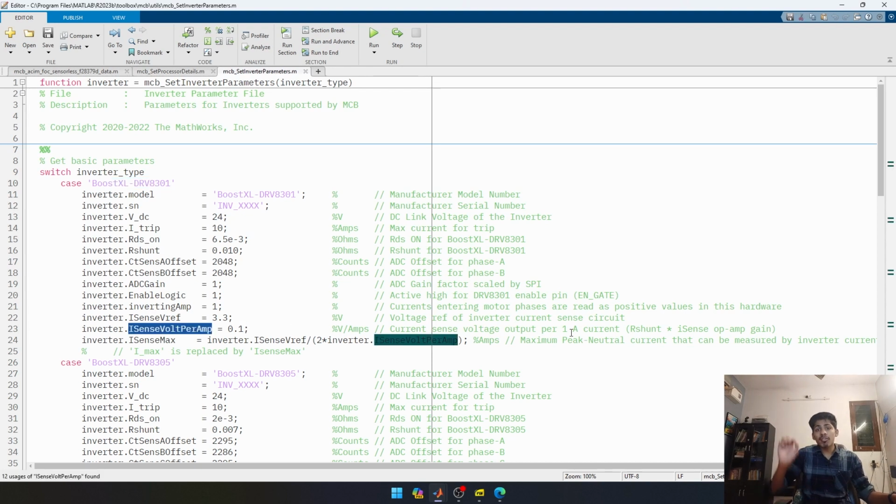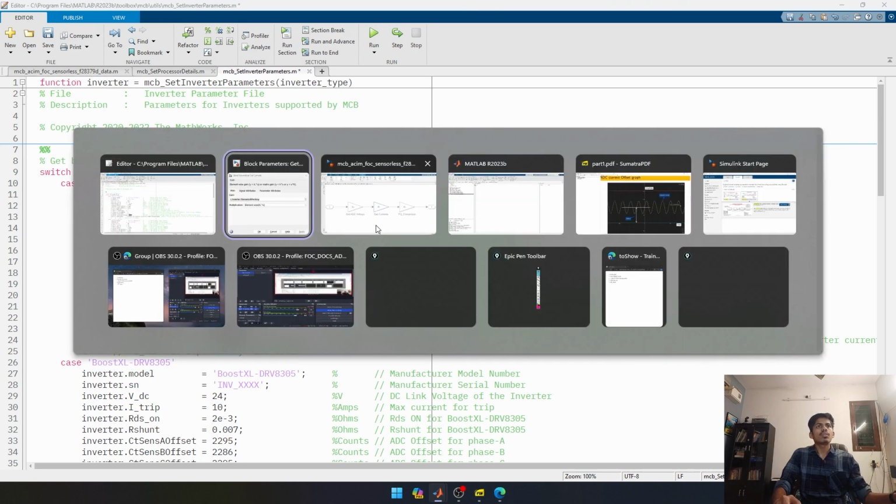That means if our motor has 1 amp of current flowing into the terminals, we will get 0.1 volt. This amount of voltage is determined by the shunt resistor and the current sense op amp gain. With these two, this value is decided.